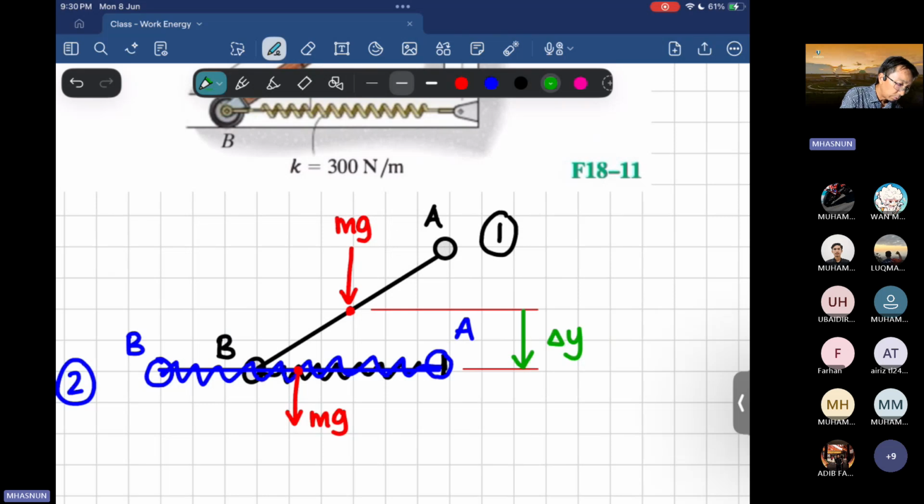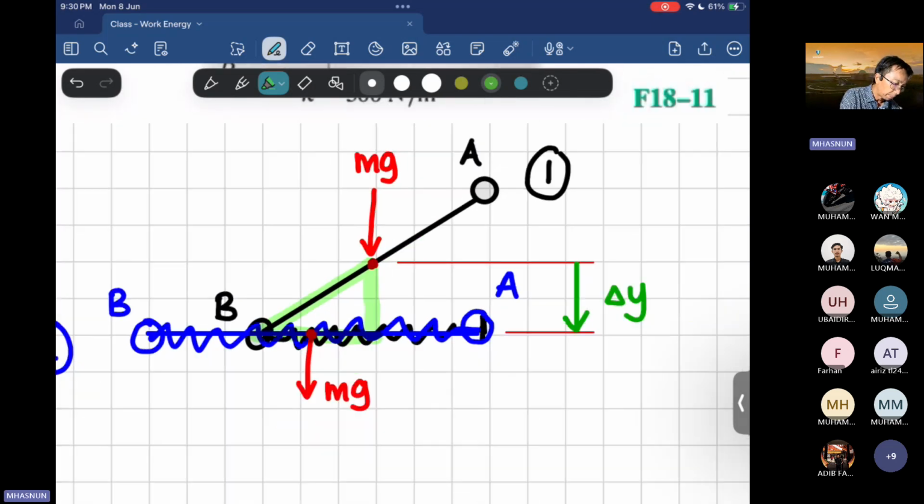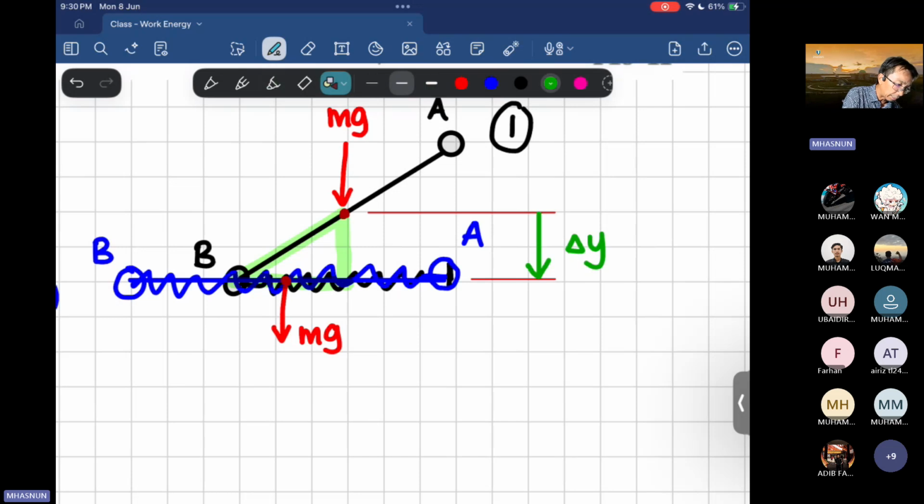Okay, so from here we can imagine a triangle like this. We can start from here to here to here. So that is a triangle. If I can zoom in, then we can extract that triangle to see more clearly.